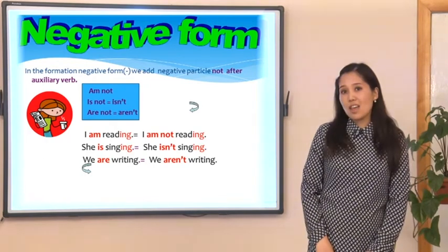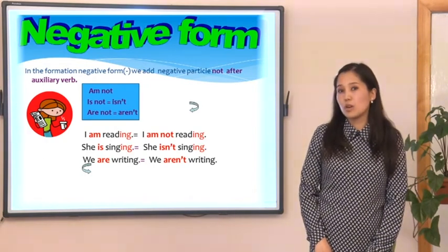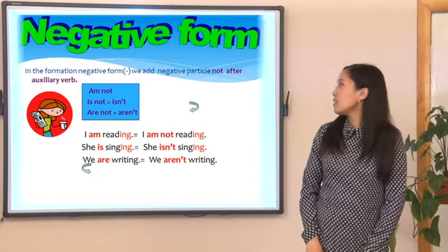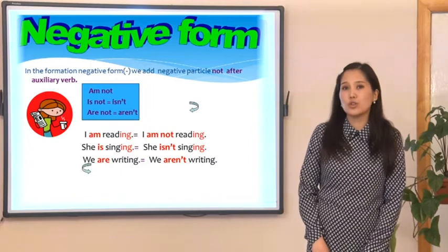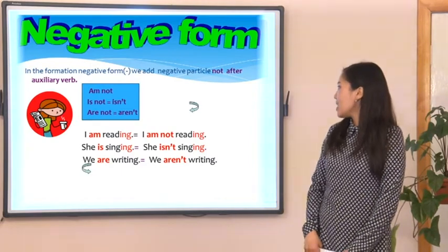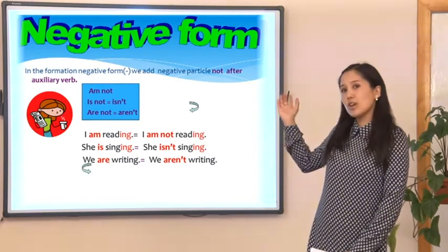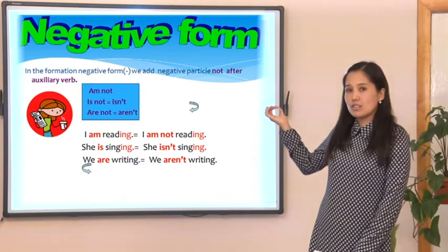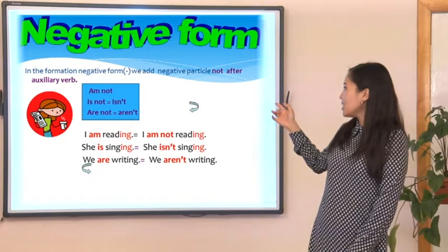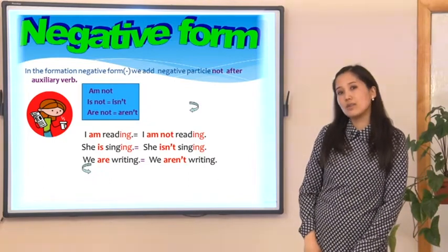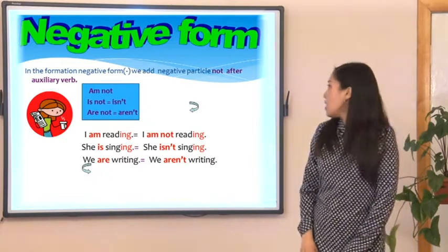For example, am plus not, we have negative form. Next is not, or we can also have the short form, isn't. As I show you, isn't. We always use isn't as the short form of the verb. Next, are not, or maybe aren't. It's the short form of to be.